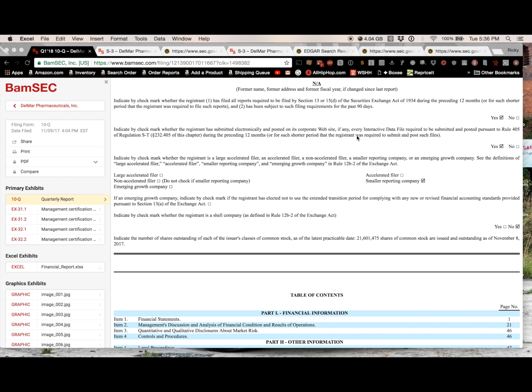And also, if they're over 75 million at the time of their 10K, that gives them one full calendar year to raise without the restrictions of the under $75 million level, which we call in trading the baby shelf rule. So they don't have the restrictions of the baby shelf if at the time of the filing of their last 10K, they were over 75 million.